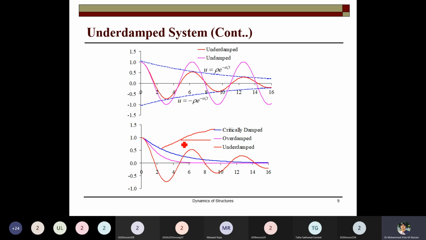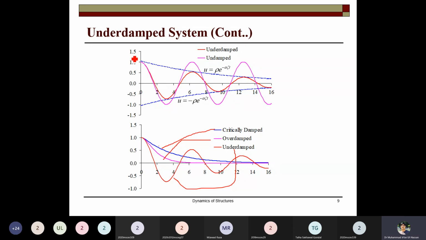The overdamped system again lies below the critically damped system, and the underdamped system, with damping, shows more amplitude initially, and then its amplitude reduces and it shows oscillatory motion. But with time the oscillations reduce and it will finish at the end.